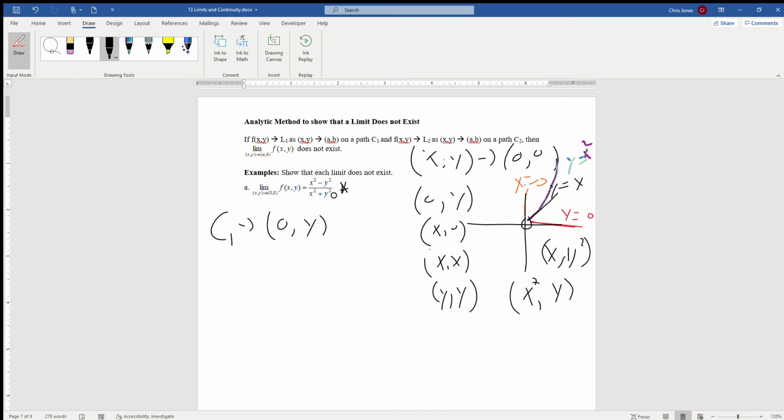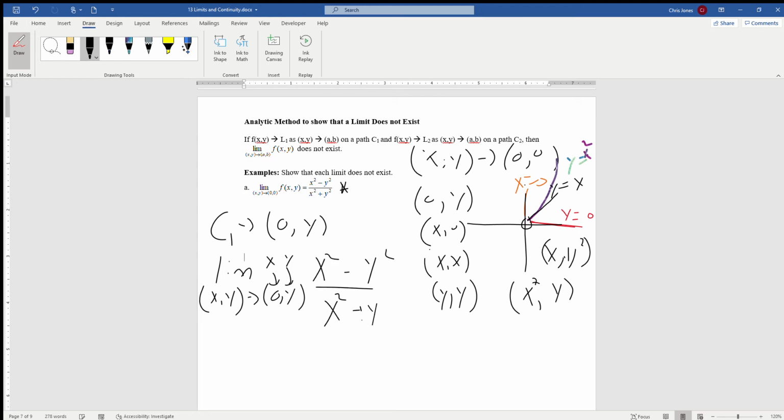Then we have the limit as (x, y) approaches (0, y), and wherever we see an x, we substitute 0, and wherever we see a y, we substitute y, of the original function, x squared minus y squared divided by x squared plus y squared.